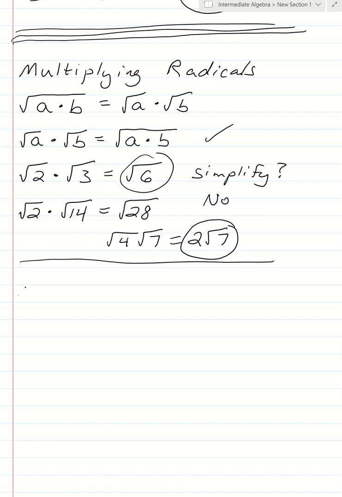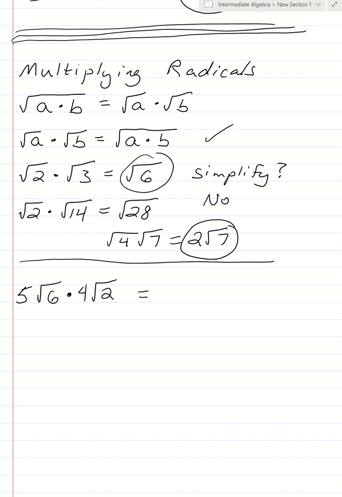Let's say we had a 5 square root of 6 being multiplied with a 4 square root of, let's say, 2. We want to multiply these radicals together.